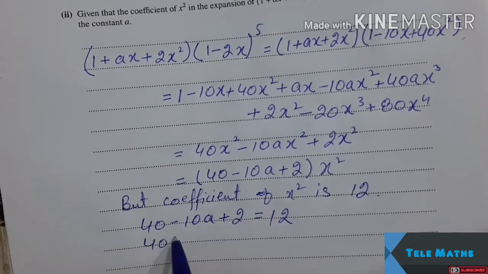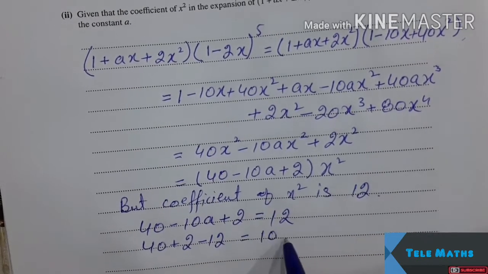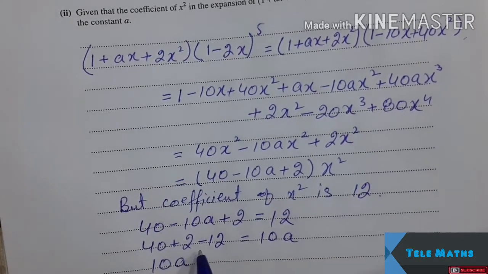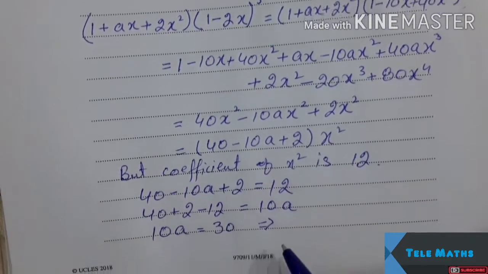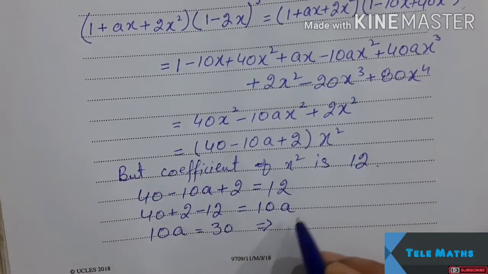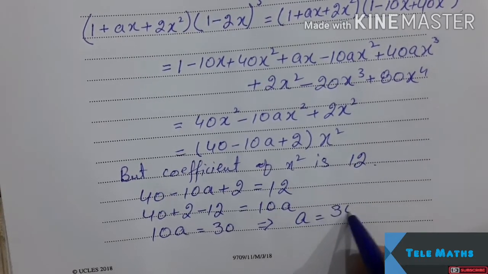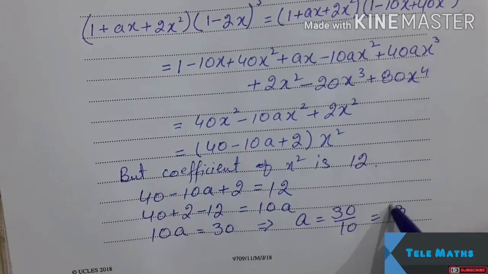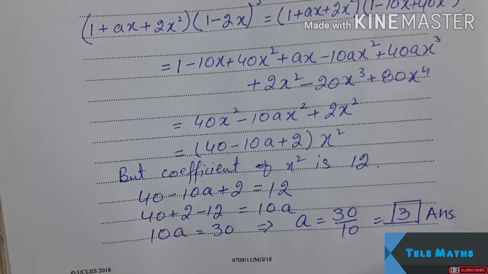So 40 plus 2 minus 12 is equal to 10a, or 10a is equal to 30, and this will give us a is equal to 30 by 10, which is 3. So this is our answer.